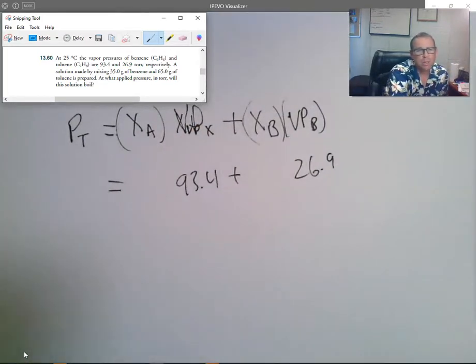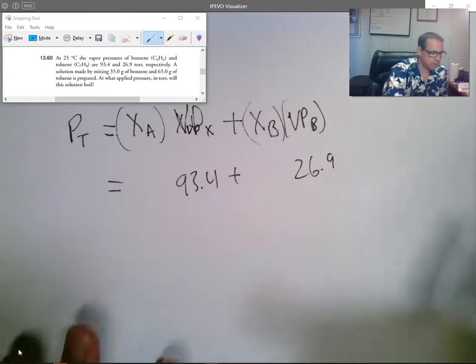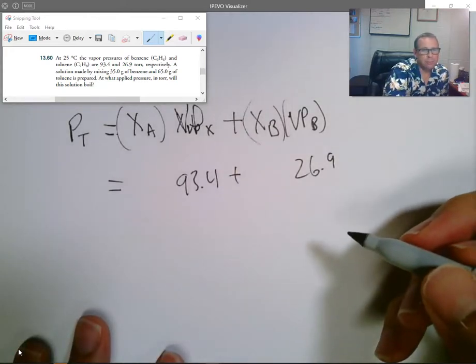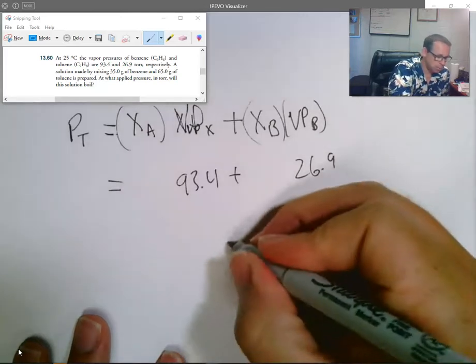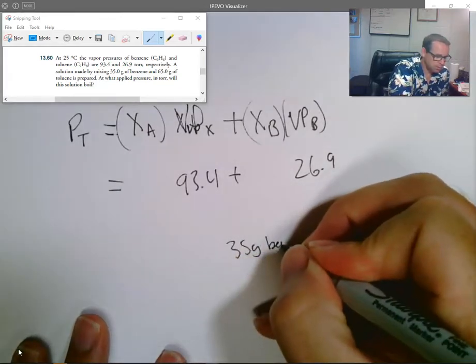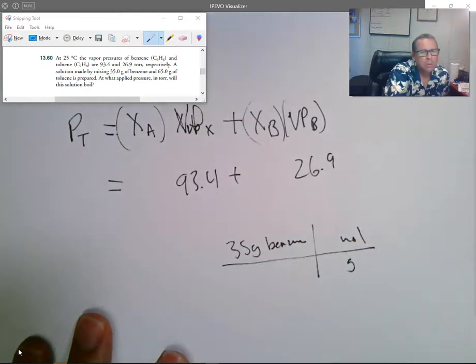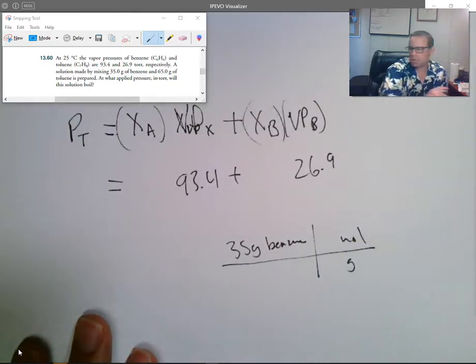Okay, the mole fractions. So we have to determine how many moles of the benzene and the toluene. Just need the total number of moles. So benzene, we have 35 grams of benzene, and we want to go from grams to moles. The molar mass of benzene tells us, the chemical formula is C6H6.